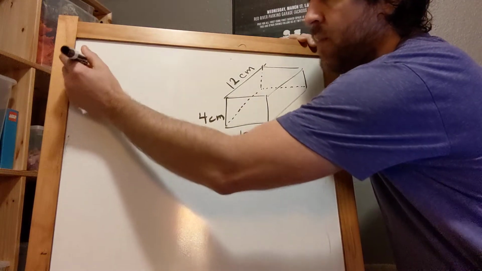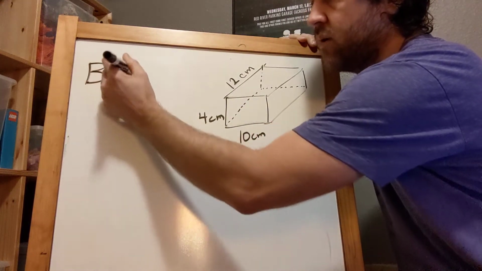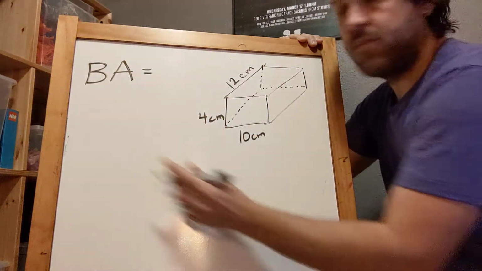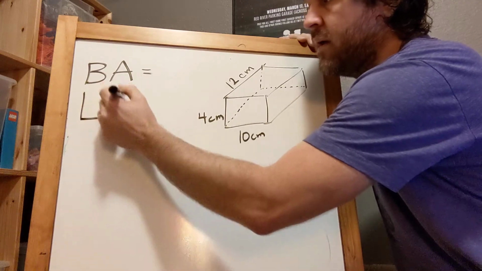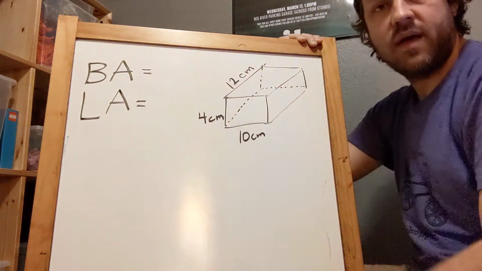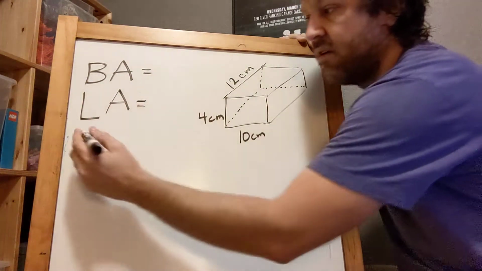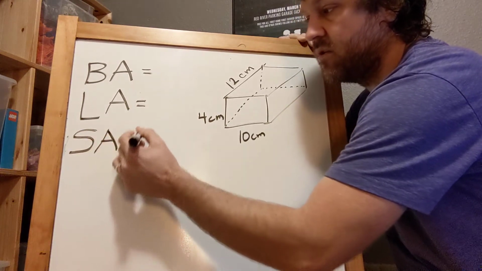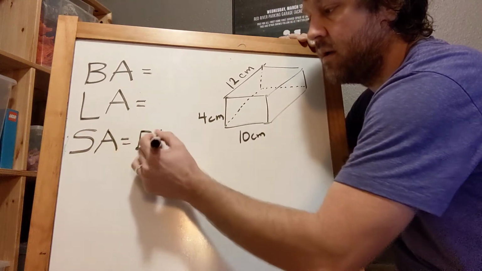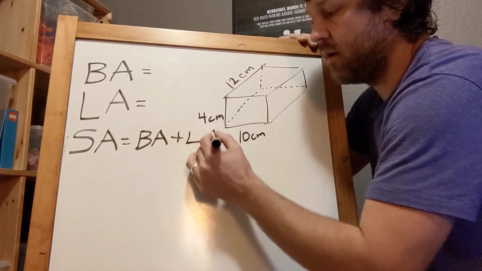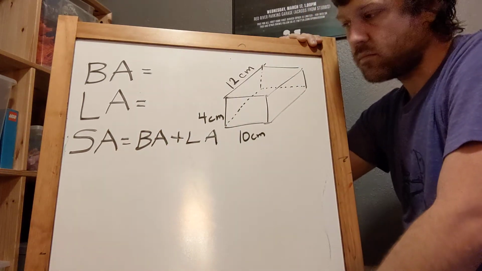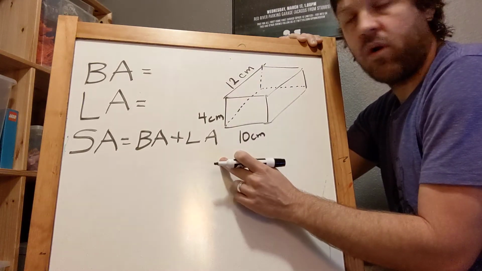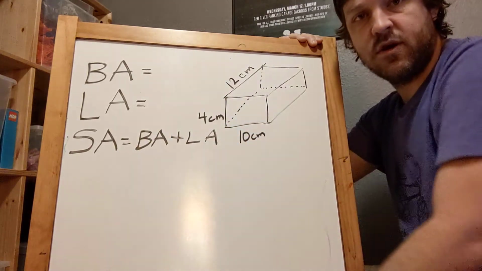It's made up of the base area, which we're going to say is BA, and it's made up of the lateral area, which we're going to call LA. And together, the surface area is equal to the base area plus the lateral area. So in order for us to get to here, we're going to need to first calculate these two items.